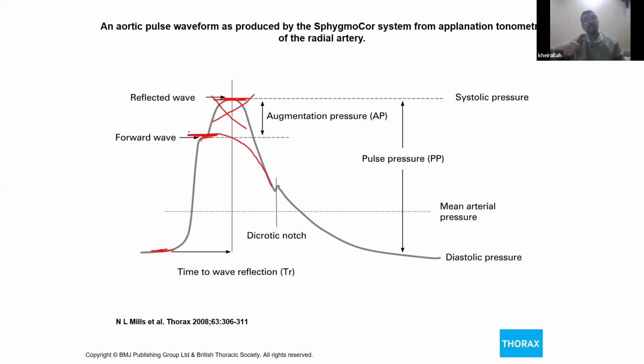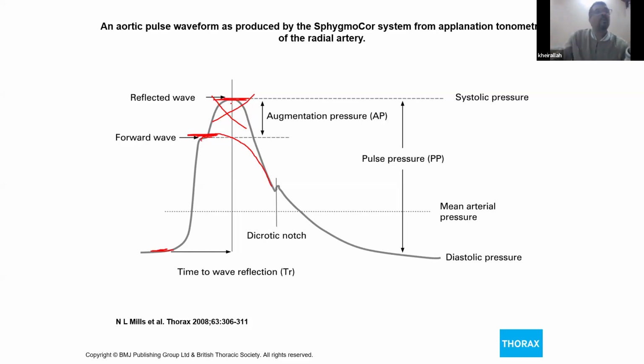But when I record the pressure, what I get is more than this. I get an additional bonus due to the reflected wave. As the blood goes through the vessel, waves are reflected, and pressure is augmented or amplified. This is called augmentation of pressure. This is very important, and this is physiological, okay?